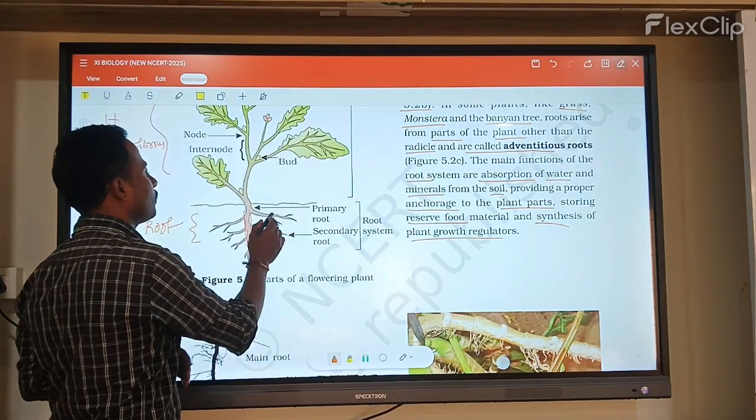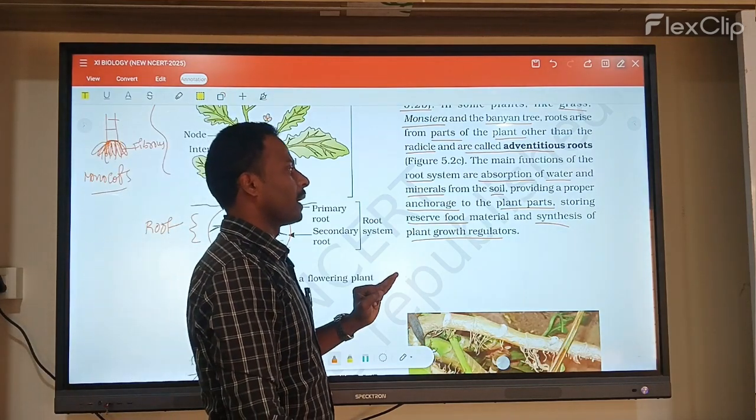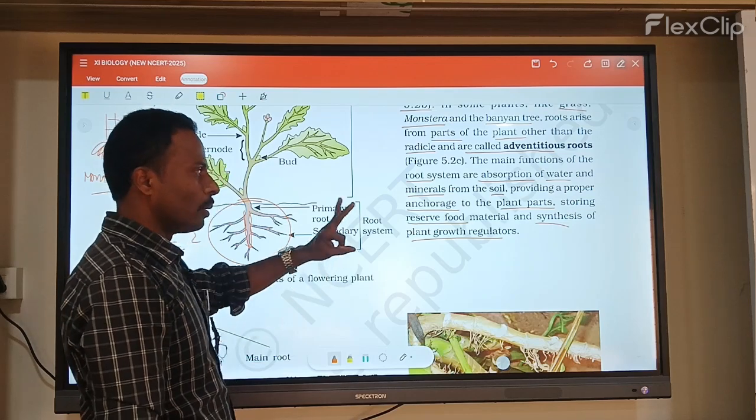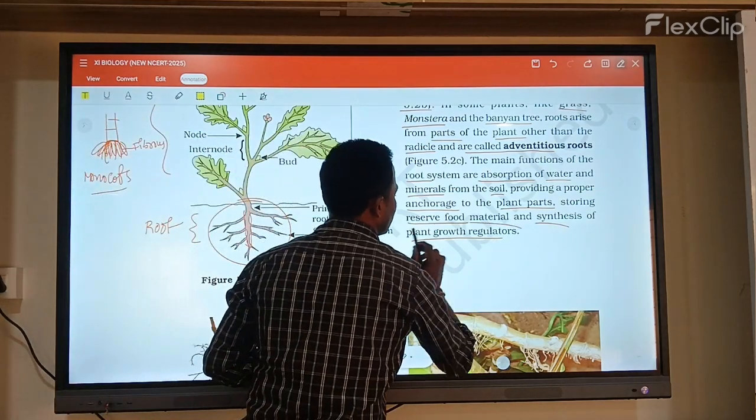So what are the major functions of roots? Storage of food materials, anchorage of the plant parts, absorption of water and minerals, and synthesis of plant growth regulators.